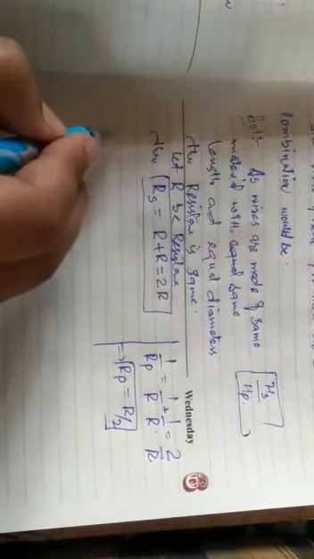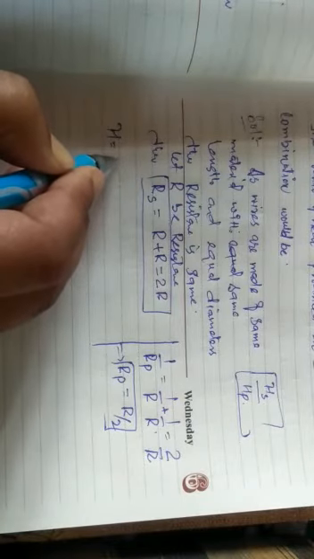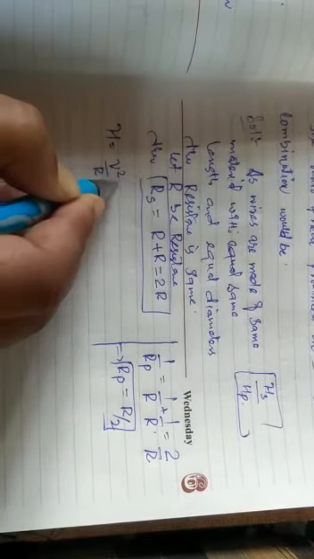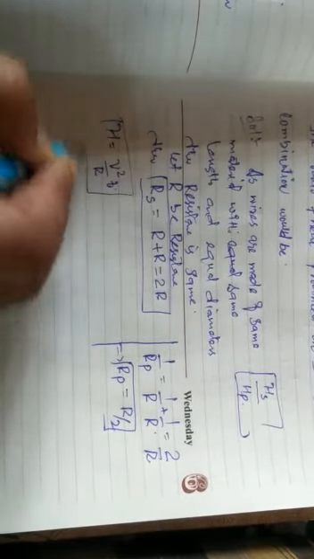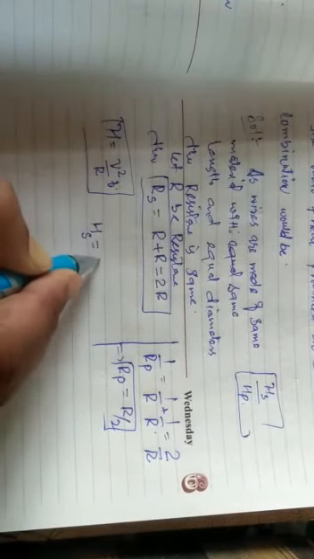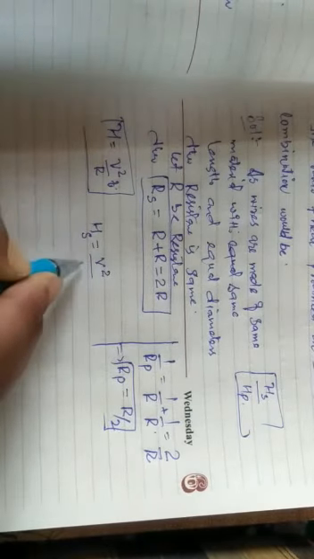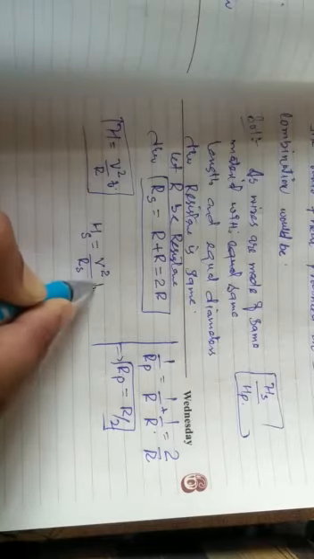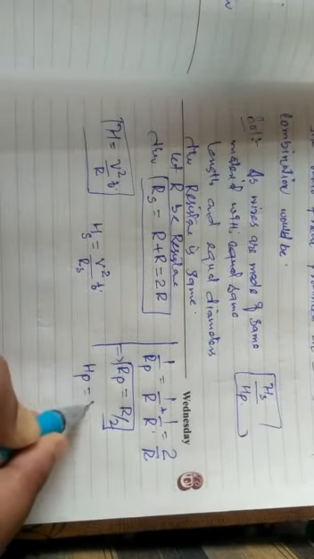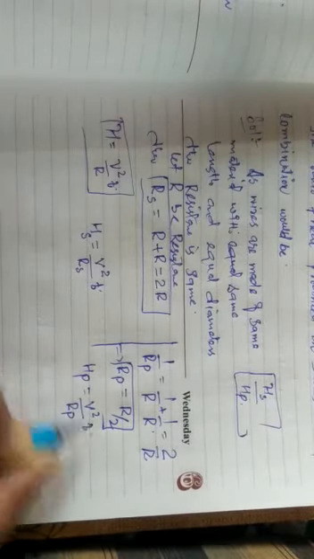We know heat produced H is equal to V square by R into time t. So we can write Hs, heat produced in series, equals V square over Rs into time t, and in case of parallel, Hp, the heat produced in parallel, will be V square by Rp into time t.